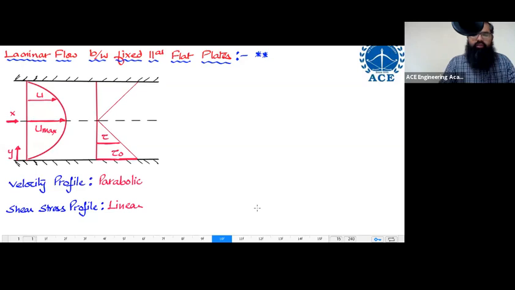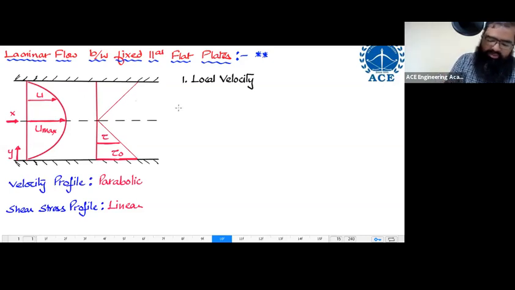Now we are going to look at the formulas. Formula number one is the local velocity. Local velocity will always be the important formula. From there, you can develop everything. Once you know local velocity, you can develop everything.